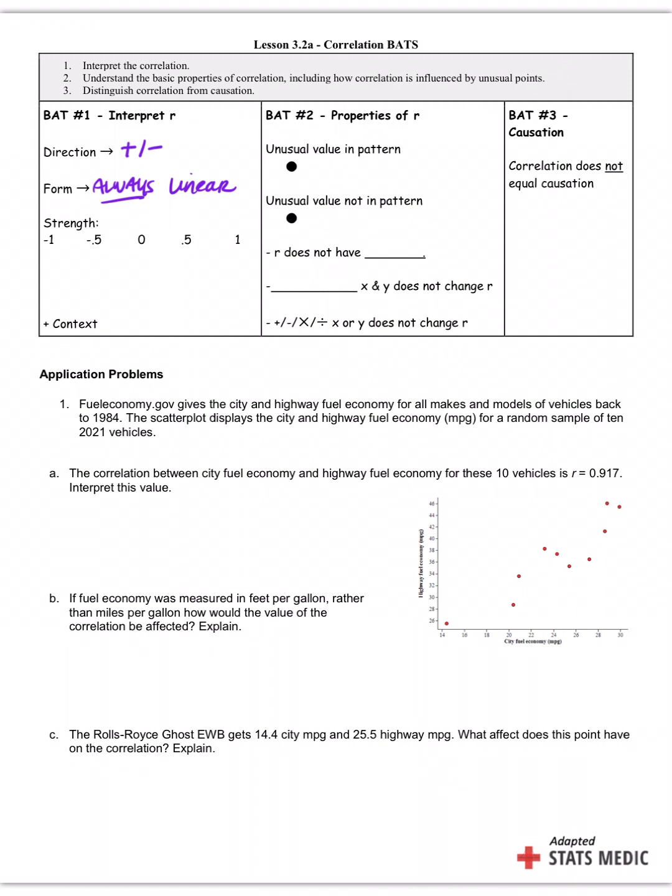So strength, as you can imagine, goes on a scale from -1 to 1. -1 would be a strong negative, just like a positive 1 would be a strong positive. And what would 0 be? Weak. It would be super weak, right? Neutral. And then everything in between, you can gauge it.